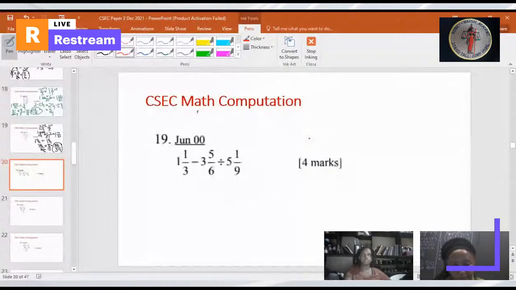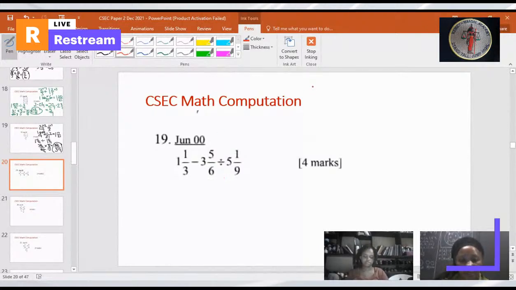Miss, it would be the division, right? 3 and 5 over 6 divided by... We have to work the division first, right? Yes, miss. So even though these two are given first, we can't work these two first. We have to follow the order of operations and work the division first.